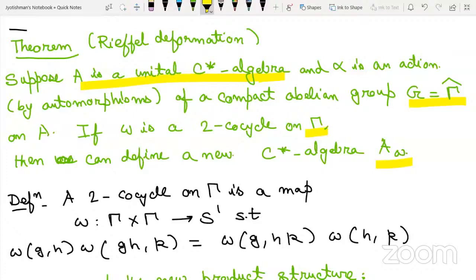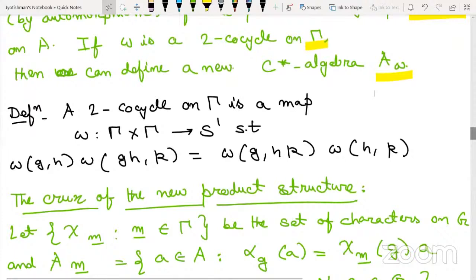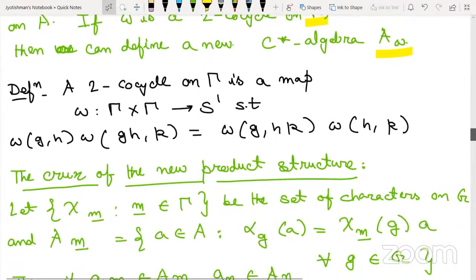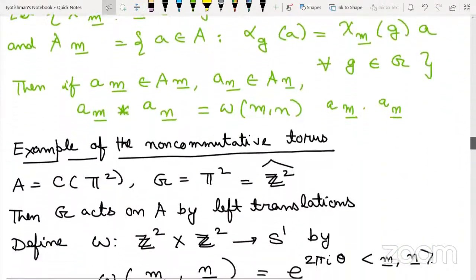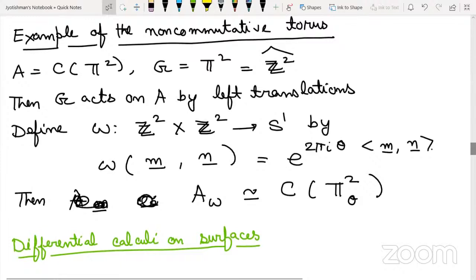A two cocycle is a map from gamma cross gamma to S1. In the particular case of the non-commutative torus, my A was C of T2, G was T2. So T2 acts on A by left translations, and then I use this cocycle.